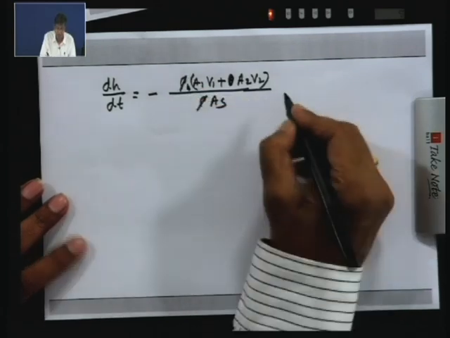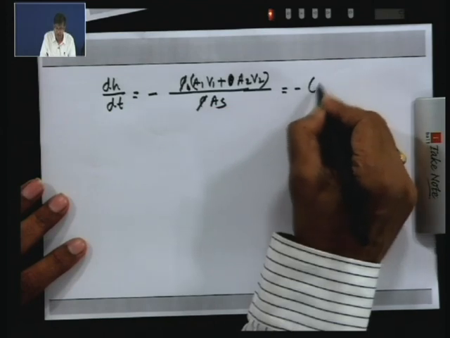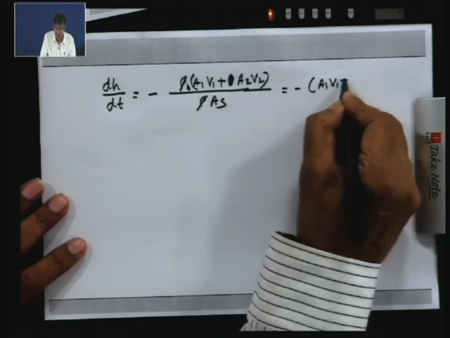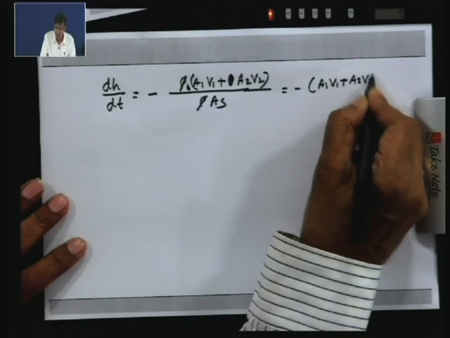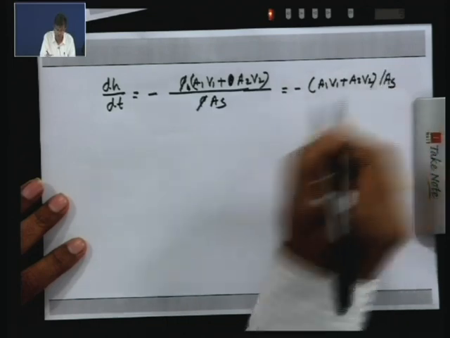This is a very simple case, that means dH dt equals minus (A1 V1 plus A2 V2) divided by S. So, it is a very simple case.